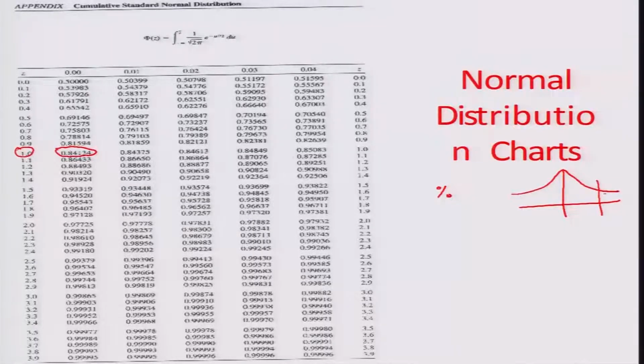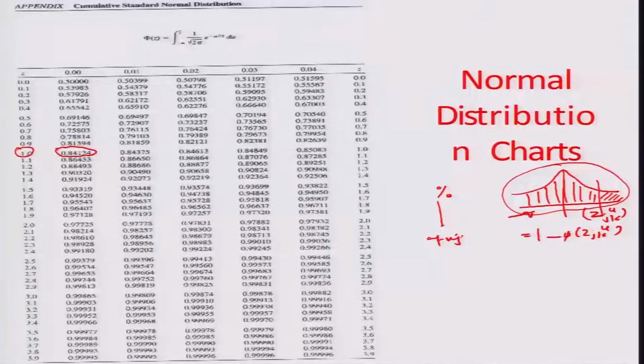We are essentially trying to find out this area, and we do that by subtracting the cumulative distribution function between minus infinity and Z upper jk from 1, because the total area here is 1, as we had earlier explained. So, 1 minus phi of Z upper jk is what we are actually interested in. This is the percentage of rejects which would fail on the upper specification.